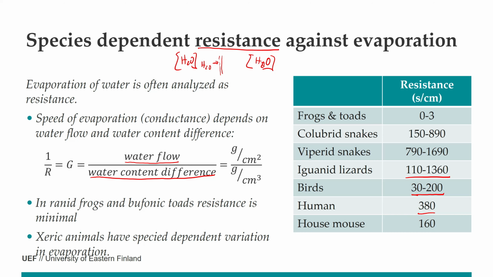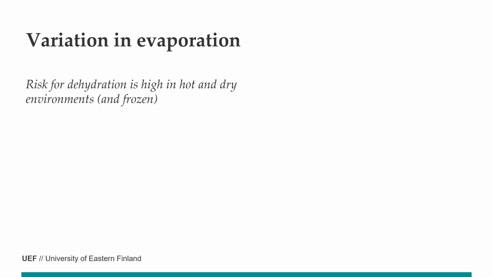Okay, how is this evaporation variation happening? So, of course, the dehydration is high in the hot and dry environments, because in the hot environments that affects the vapor pressure, and in the dry environment you don't have so much water in the environment, so it's easily going out, and therefore there is adaptation.